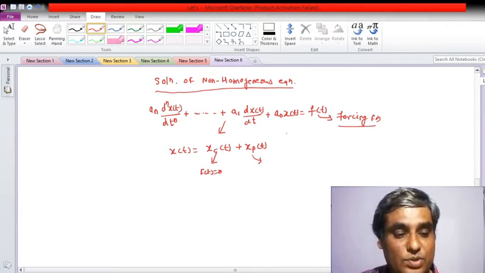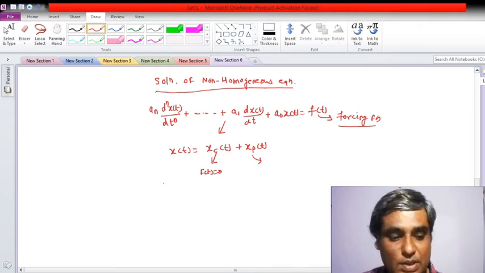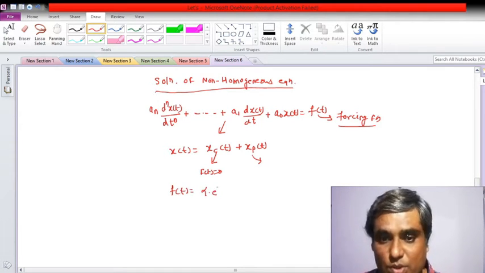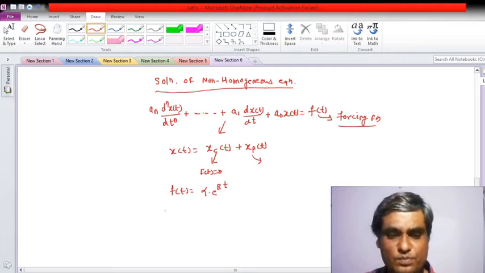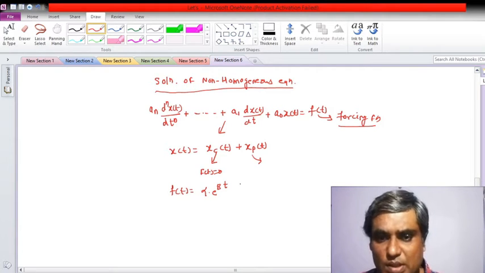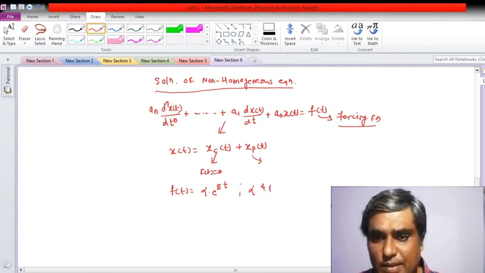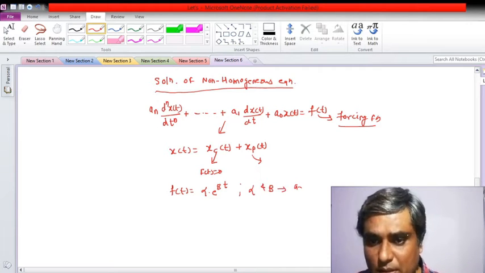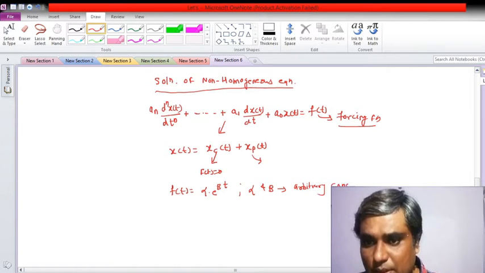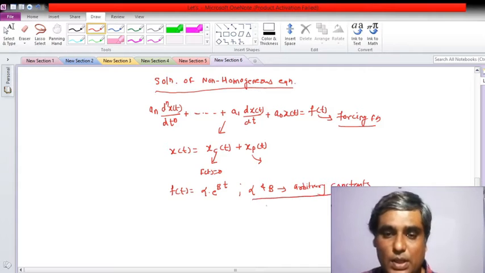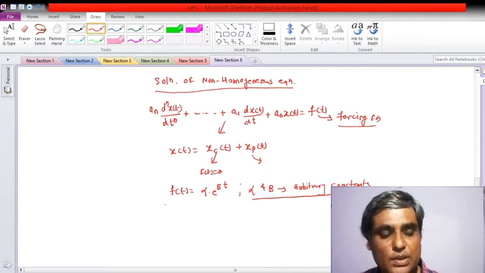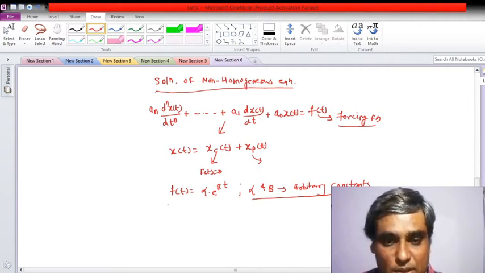Okay. So for example, say I have the forcing function f of t like this: alpha into e raised to beta t. Here let me consider alpha and beta are my arbitrary constants. If this is the case, what will be the particular solution?